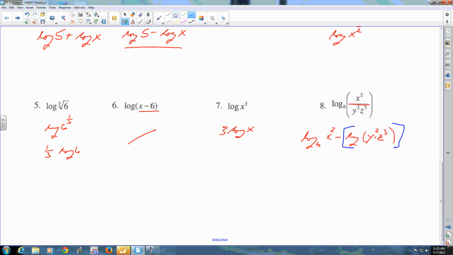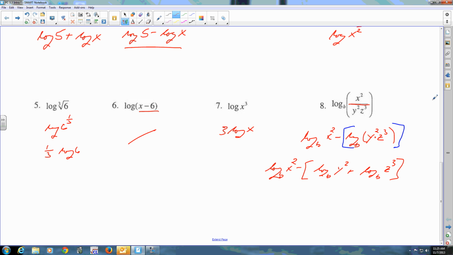So it starts out log, whoops, I forgot the base b on this one, sorry about that. Log base b of x squared minus all this stuff. So it's going to be log base b of y squared plus, because it's a product, log base b of z cubed.